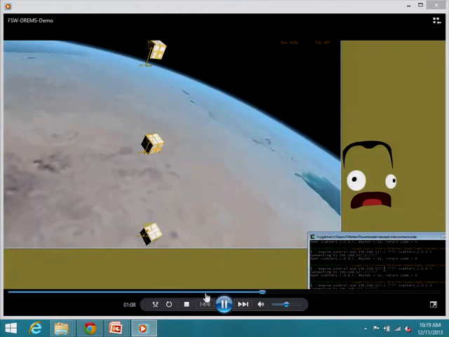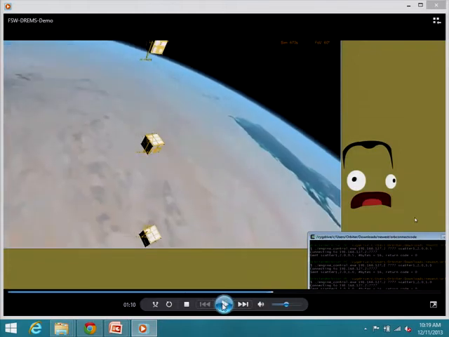So here's the satellites flying around. And what's going to happen is they're going to receive a scatter command. So that's one of the critical commands to which they're supposed to respond. And when that happens, they're supposed to simultaneously activate their thrusters and fly away to a safe distance. So the grad students did a good job setting this up and integrated this with Orbiter.